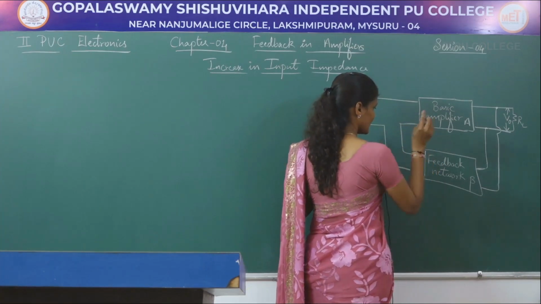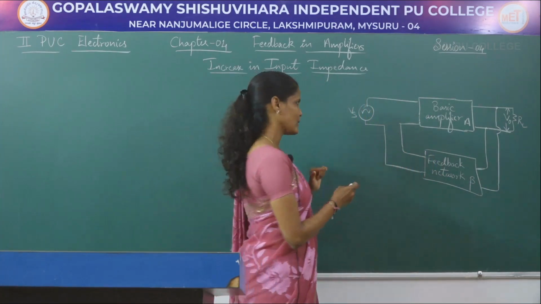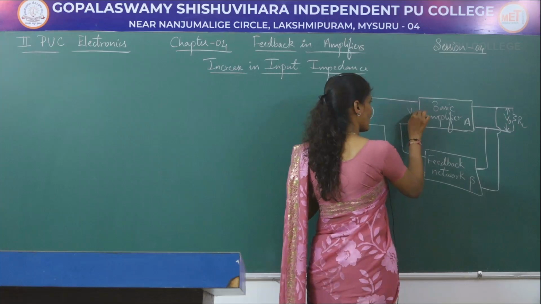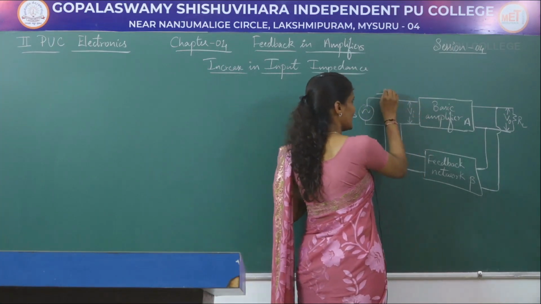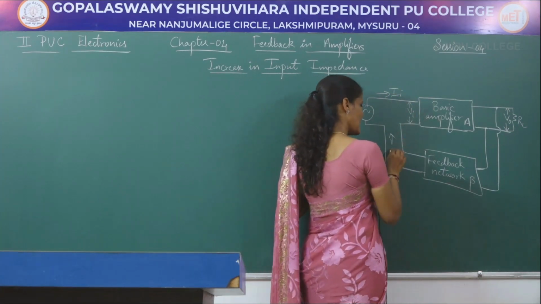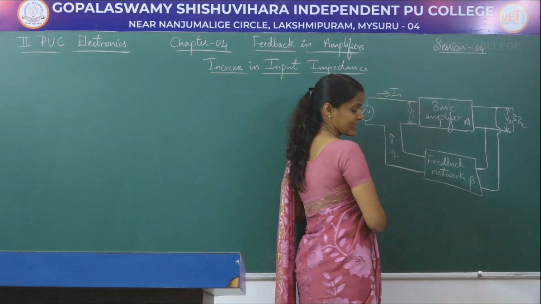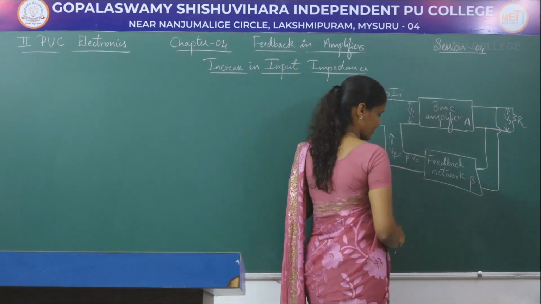So, this is a simple circuit of a voltage series negative feedback circuit, and the input voltage across these 2 points is Vi, and the input current is Ii. This is the feedback voltage Vf, whose value is equal to beta times V0.